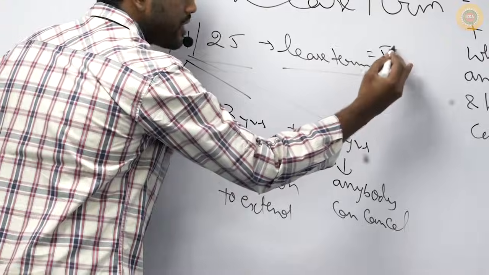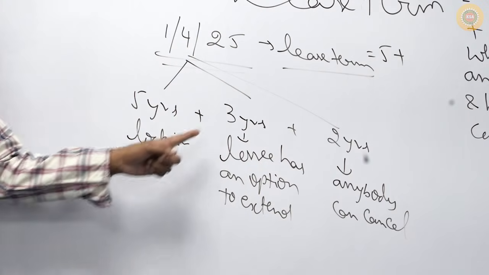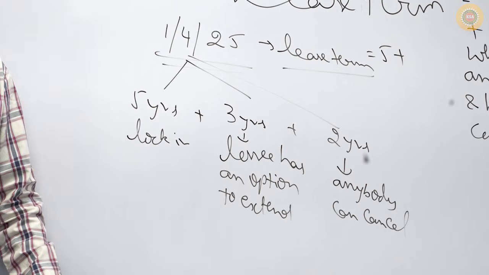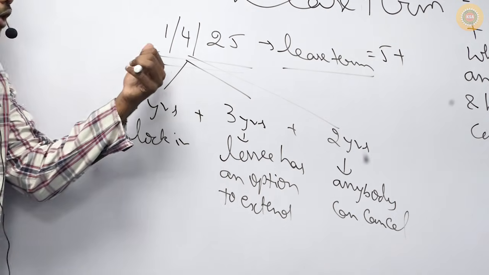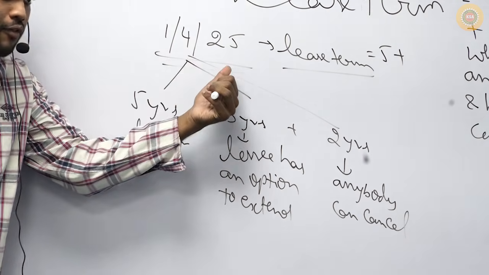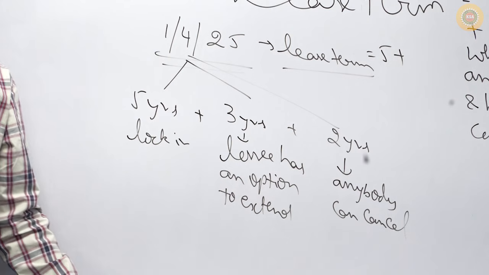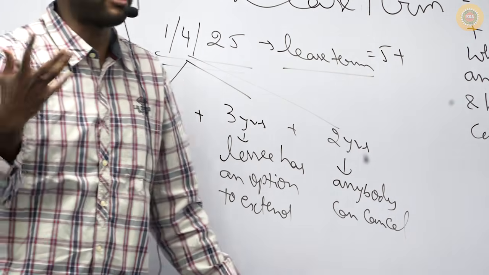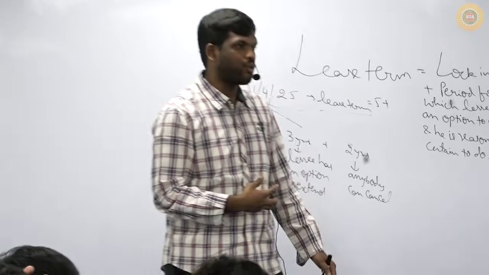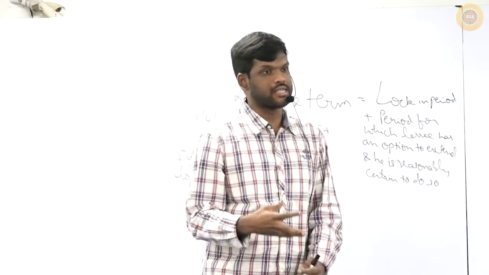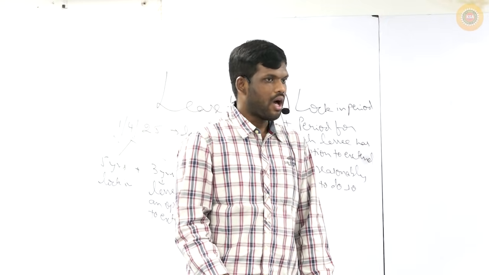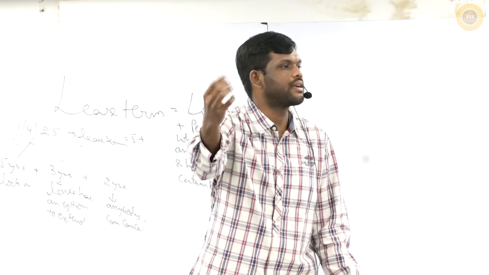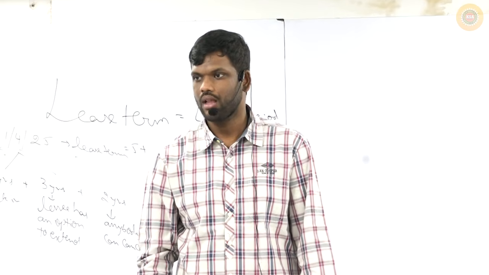Plus 3 years will be included if on 1st April itself management is reasonably certain that they will extend. This is a nice location, I got a very good rental, in this location my business will expand. If it is like that, there is a high degree of certainty that management will extend.